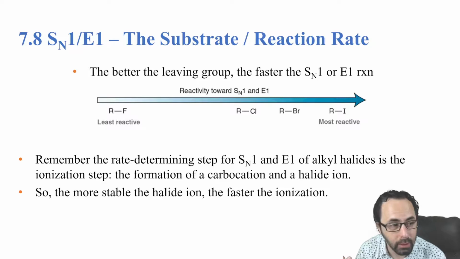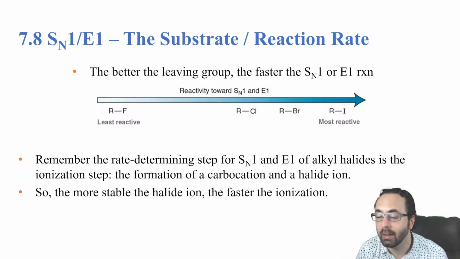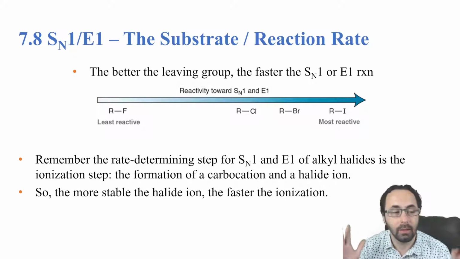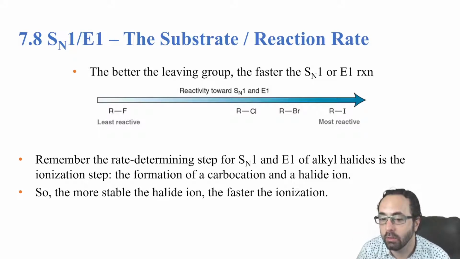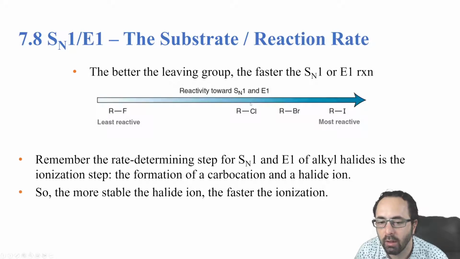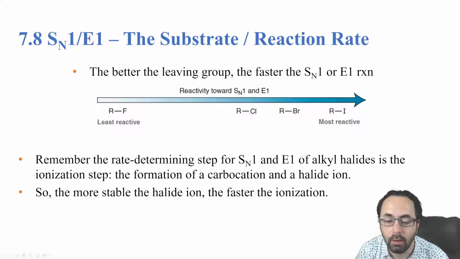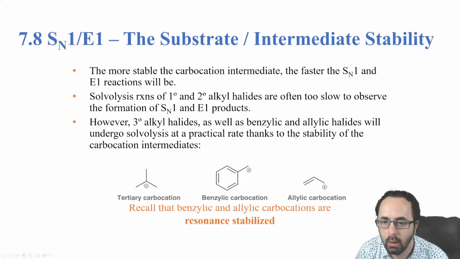Remember, we use the ARIO rules here to decide. Iodide ion is an atom that's big and electronegative. It stabilizes negative charges very well. And these others are smaller and smaller and smaller, so they stabilize the negative charge less. The better the leaving group, iodide being the best leaving group, the better the SN1, and the faster the SN1.